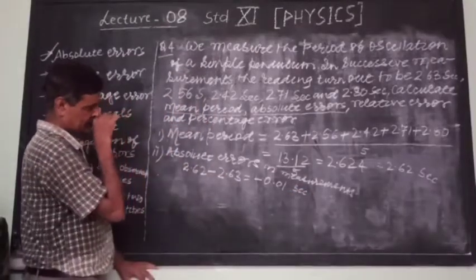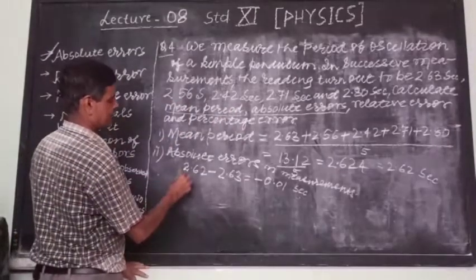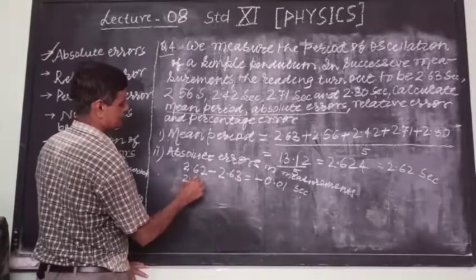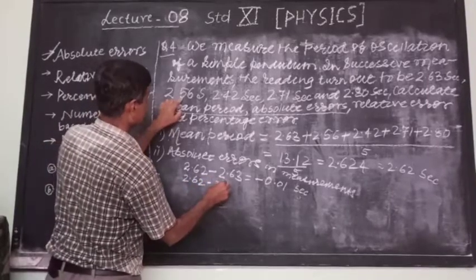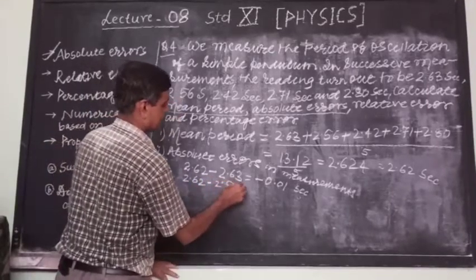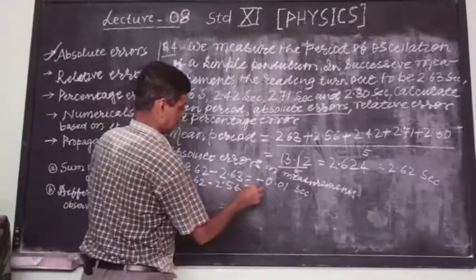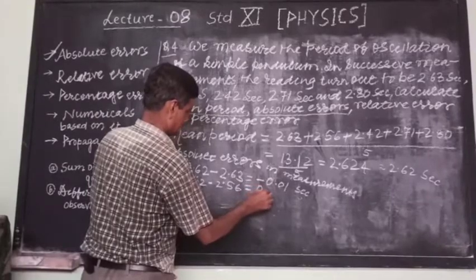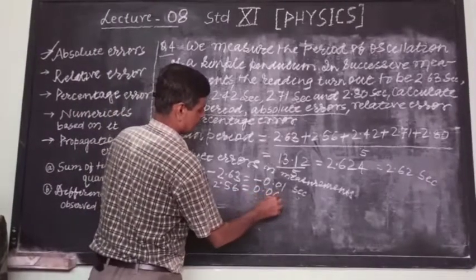Another absolute error: the second reading was this one, so 2.62 minus 2.56. This minus this is 0.06 second.